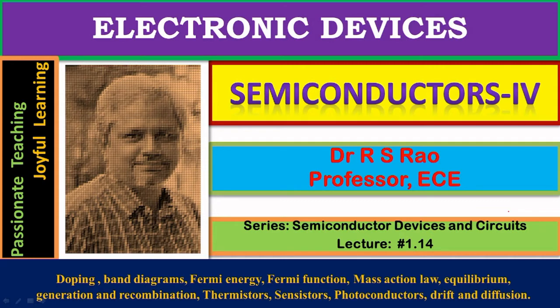In this session, the focus is on variation of conductivity in semiconductors by doping, that is, by the addition of impurities. Doping increases carrier concentration. If it is with N-type impurities, electron concentration goes up. If doping is with P-type impurities, hole concentration increases.